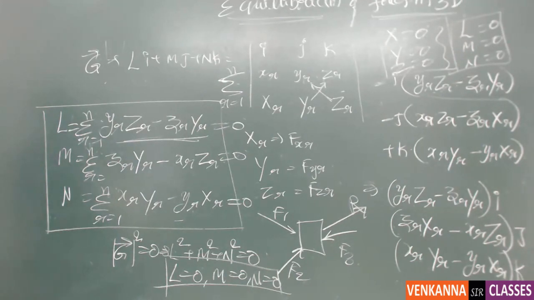But if L, M, N equal to 0, then X, Y, Z, right? So I think it won't exist. Yeah. So your statement is correct, but the converse is not correct. Got it?